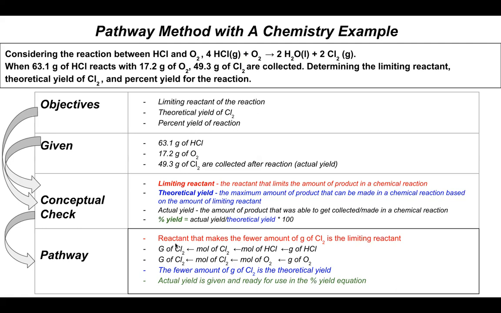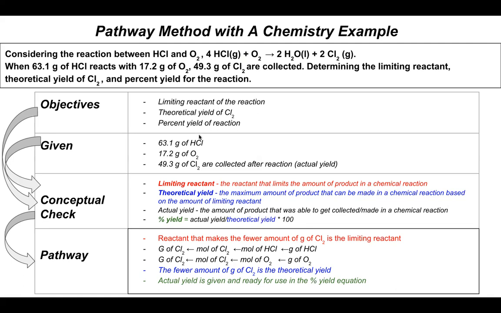I was able to decipher grams of Cl2 because looking at the theoretical yield, this is the numerical value of the limiting reactant and how much product has been made. And so looking at the percent yield, we need to find theoretical yield in terms of grams of Cl2 because actual yield is given in grams of Cl2. We need to find theoretical yield in grams of Cl2.